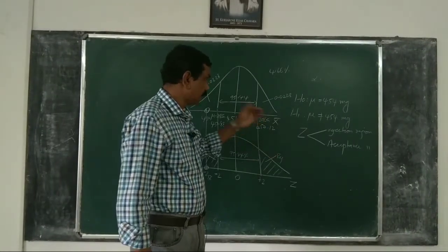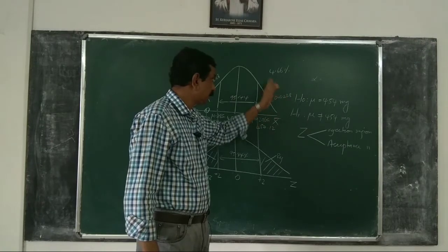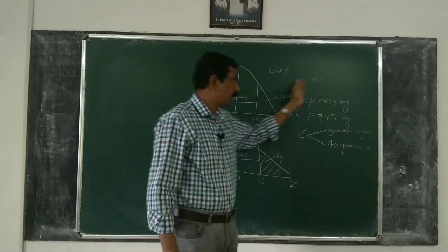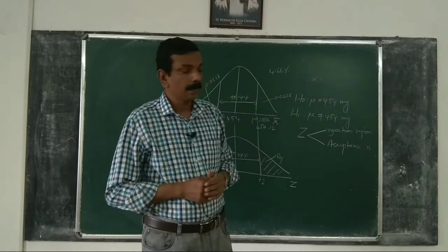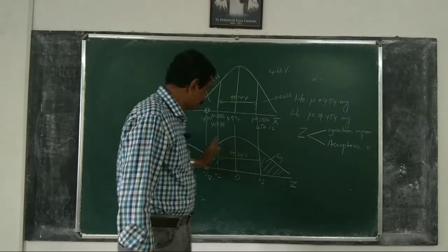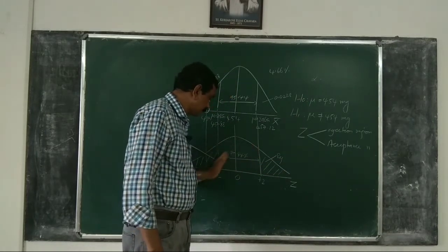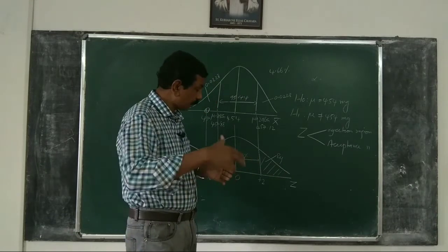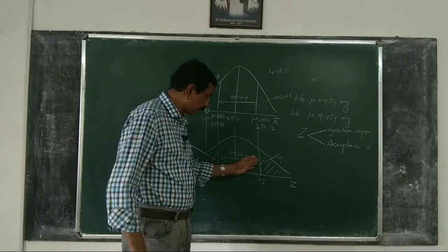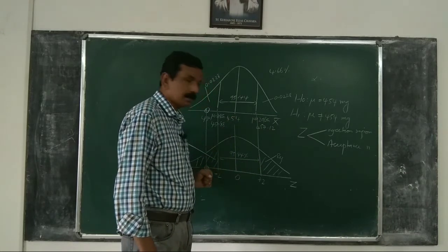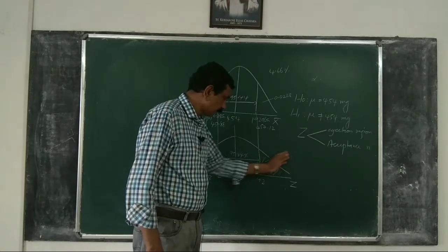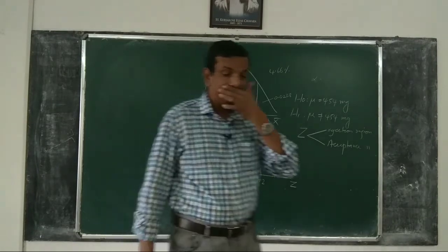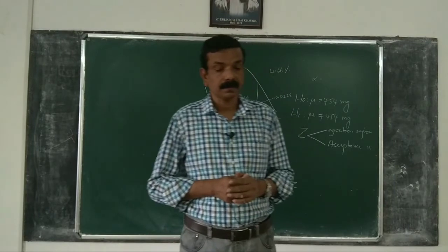Here alpha is, as you can see, 4.66%. Later we will consider alpha as equal to 5%. So the value of the test statistic is divided into an acceptance region, those values which are highly likely under H0, and a rejection region, those values which are highly unlikely under H0.